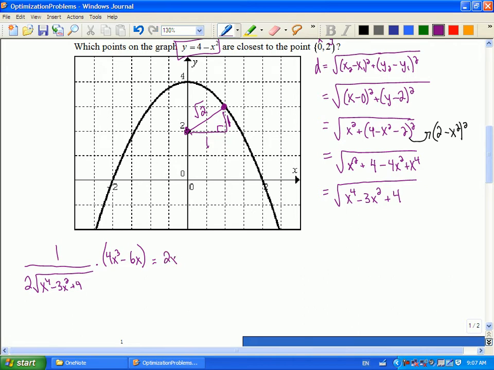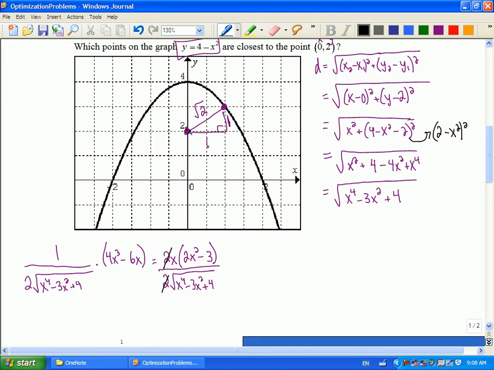I have 2x, and that'll be 2x squared minus 3. So those come out. And I can see some critical points already.